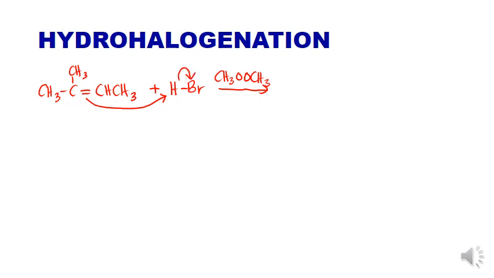So from this reaction, it will produce the carbocation. But remember, since in this reaction we have the presence of peroxide, the addition of the hydrogen atom must follow the anti-Markovnikov rule. So the hydrogen atom will be added to the carbon of the double bond with the lesser number of hydrogen atoms and produce the carbocation as well as the Br minus ion.